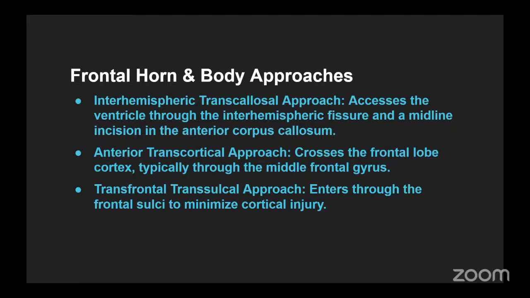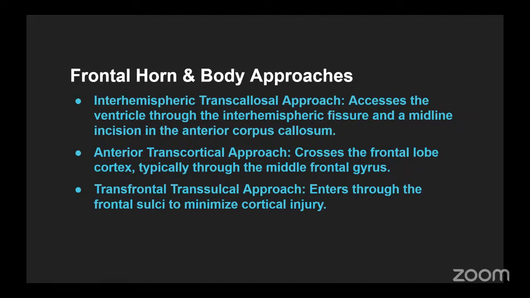For the frontal horn and body, the easiest, most straightforward approach is the interhemispheric transcallosal approach. It's a natural corridor. If you go through it, you make a very small incision in the anterior corpus callosum, and voila, you'll end up in the lateral ventricle directly.